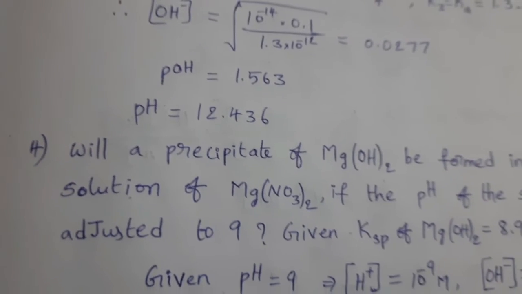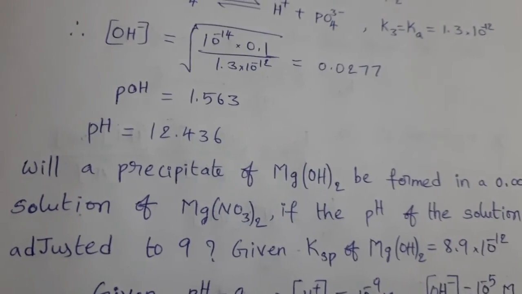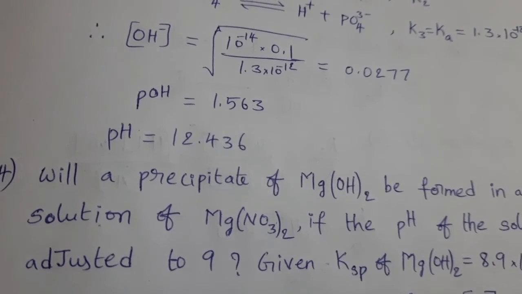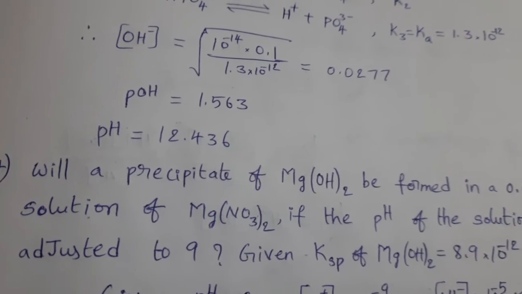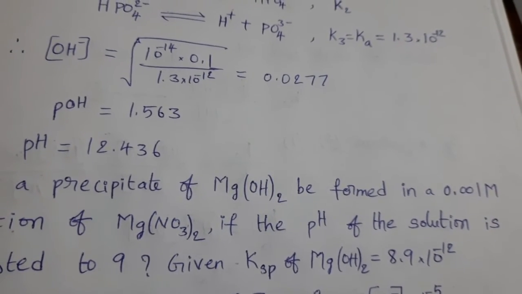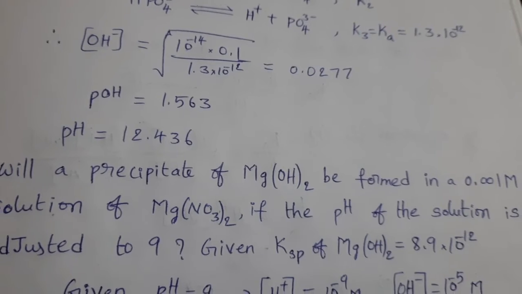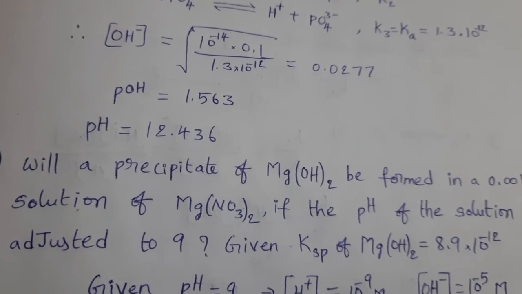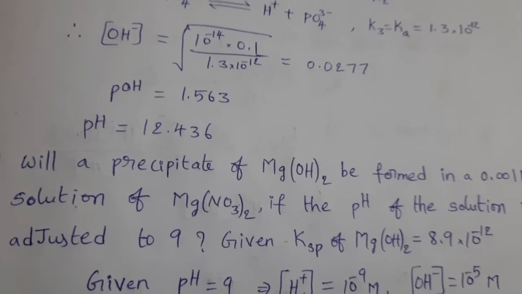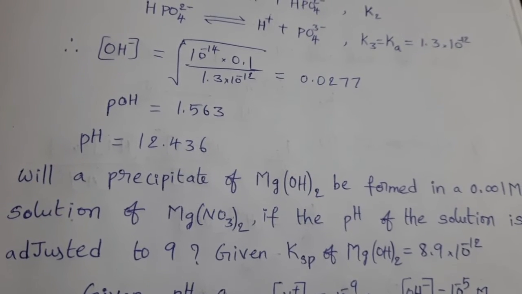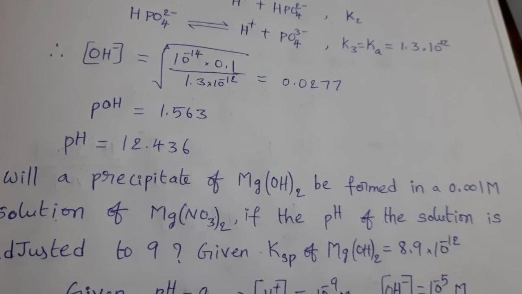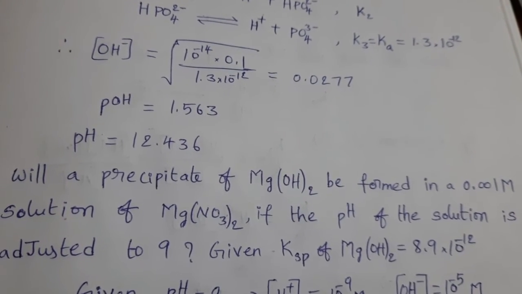Next, will a precipitate of MgOH twice be formed in a 0.001 molar solution of MgNO3 twice? The MgNO3 twice concentration is given, that is 0.001 molar.